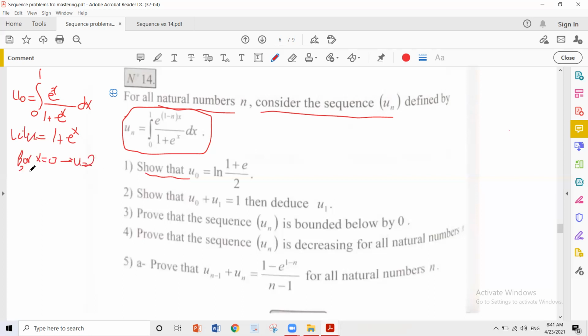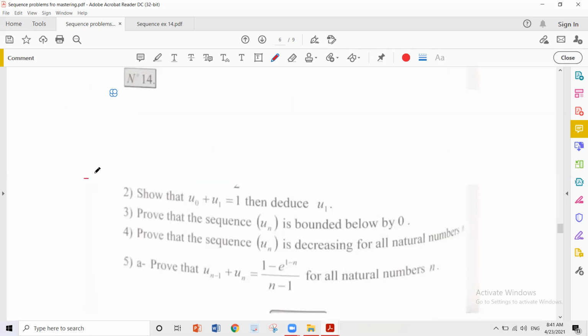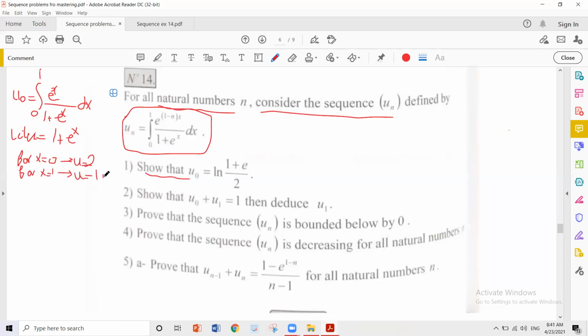For x equal 1, u equals 1 plus e. du equals the derivative of 1, which is 0, plus the derivative of e to the x, which is e to the x dx.